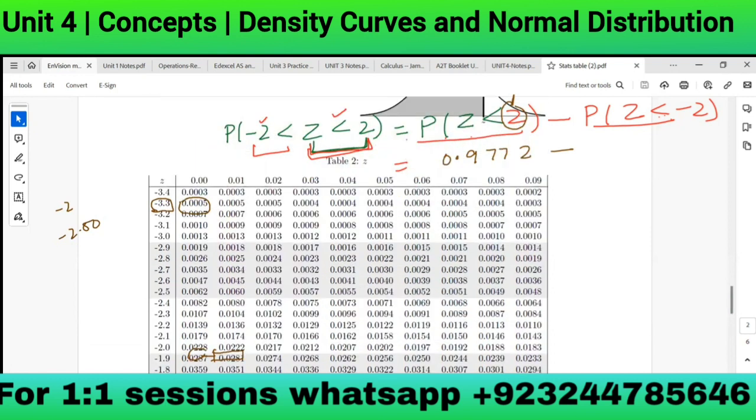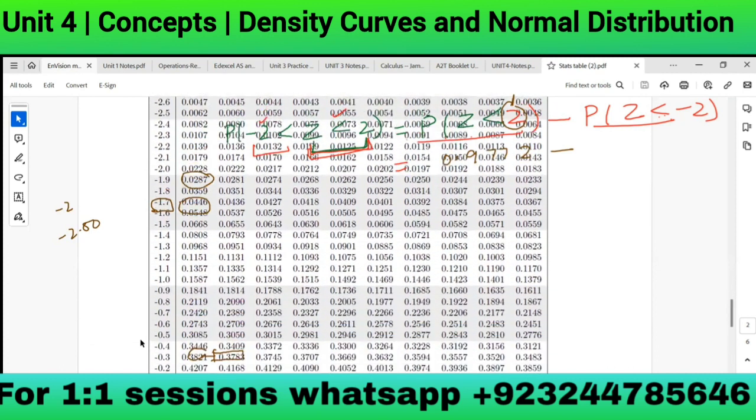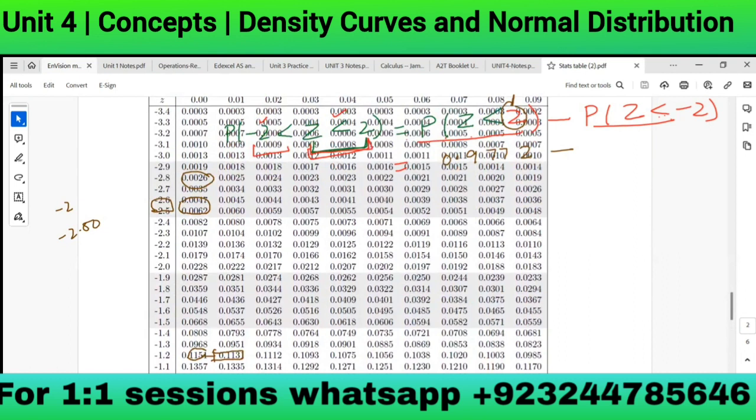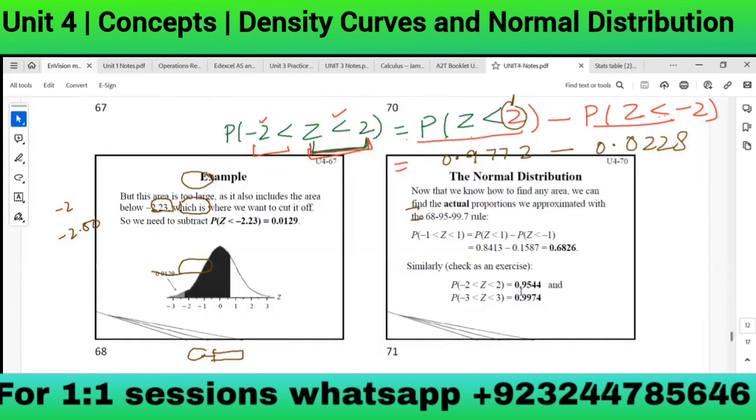So I got 0.0228. Now subtract both of them. 0.9772 minus 0.0228 gives 0.9544. You get the correct answer.